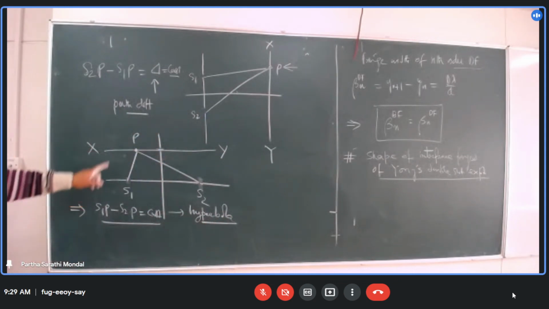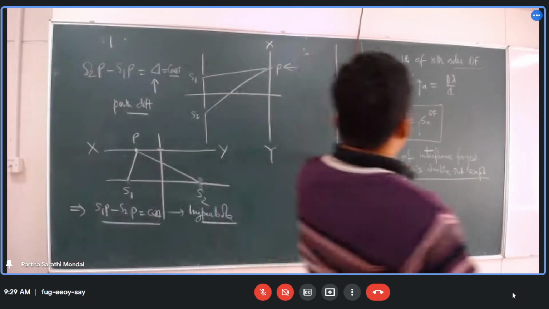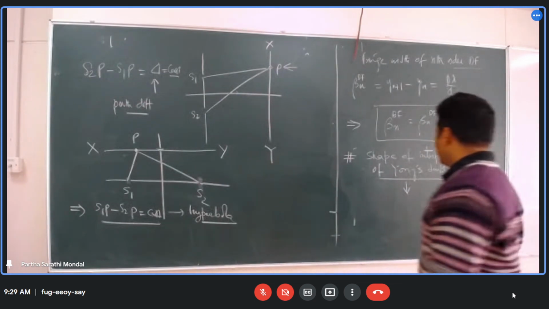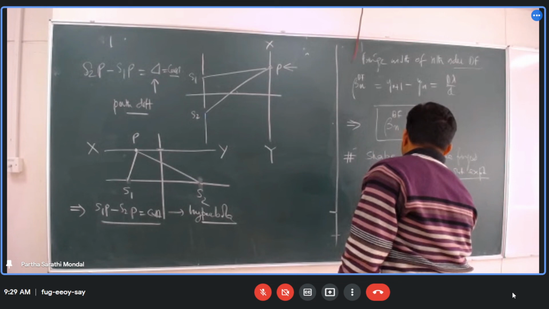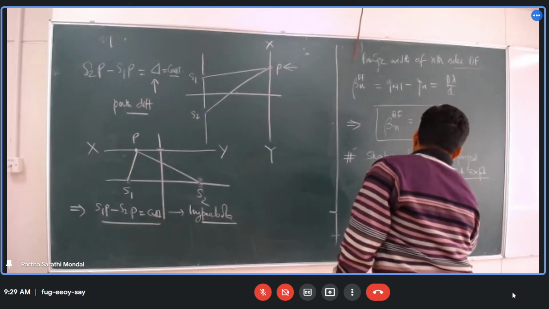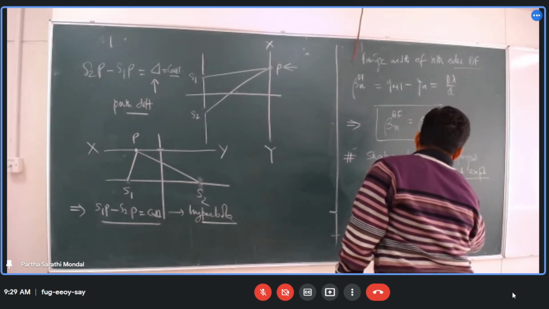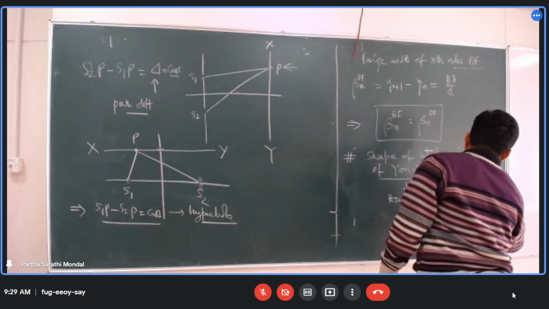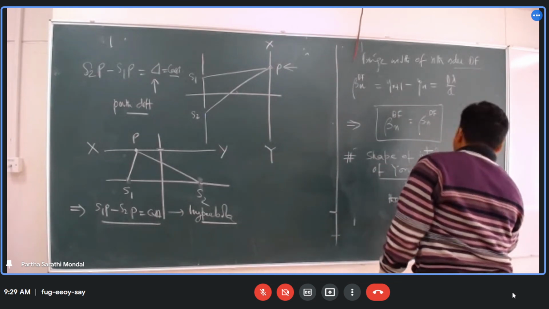So that means the fringe pattern of Young's double slit experiment is not actually straight lines. They are hyperbola in nature.